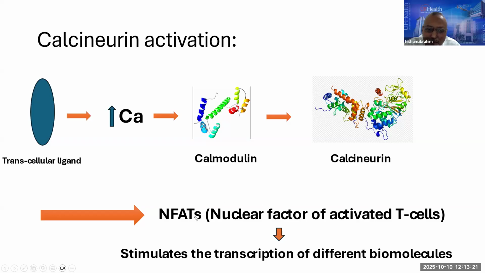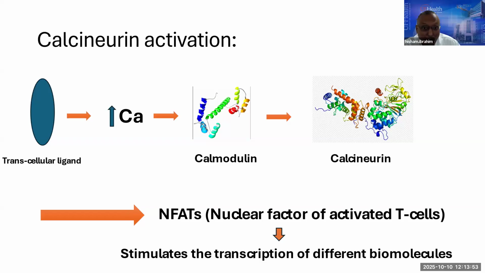There's a whole nomenclature for the different ones, like NFATc1. NFAT makes its way into the nucleus and stimulates the transcription of different biomolecules depending on the cell and organ involved. So this is in general how calcium cell signaling works, and that's where calcineurin fits into the picture.